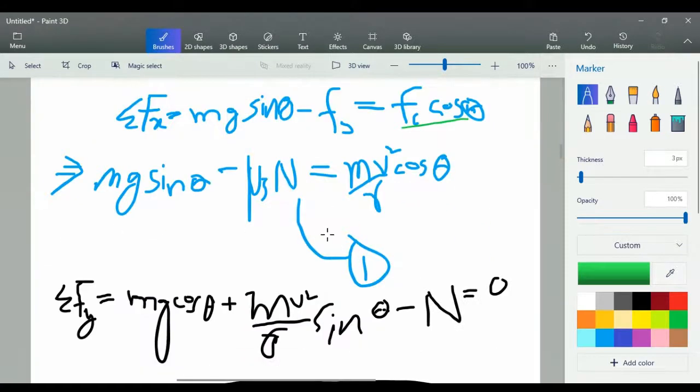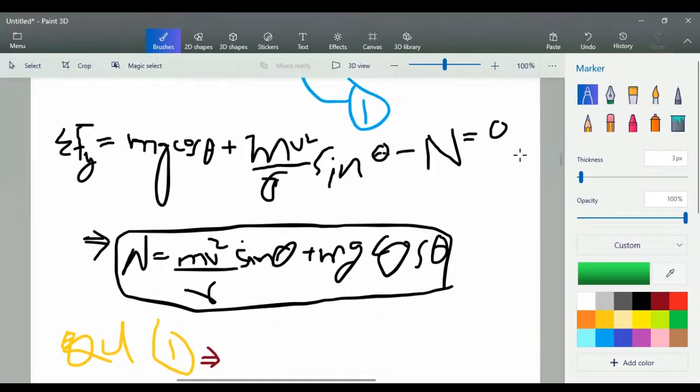This is equation 1. We put in the value of fs, which is mu s, the coefficient of friction, times the normal force. We find the normal force by applying Newton's second law on the y coordinate.